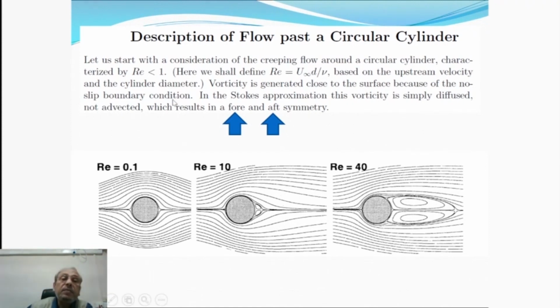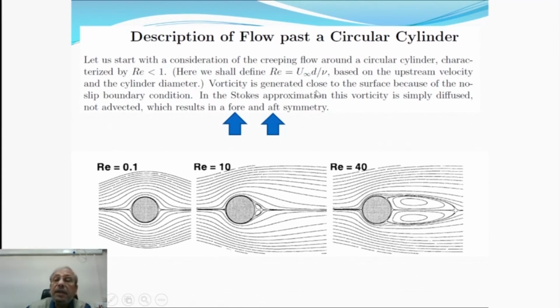The Reynolds number is the free stream velocity, that means the approach flow velocity, times the diameter of the cylinder, divided by nu. This is based on the upstream velocity and the cylinder diameter.